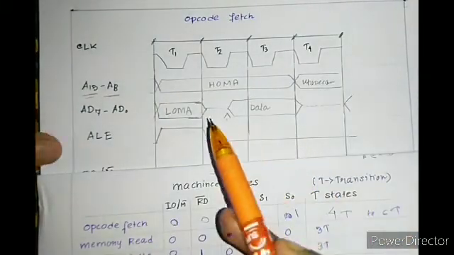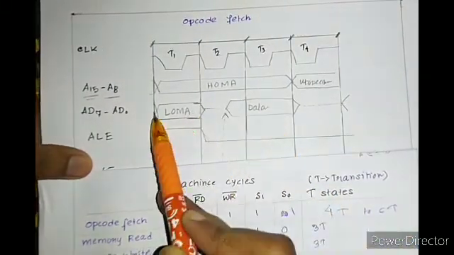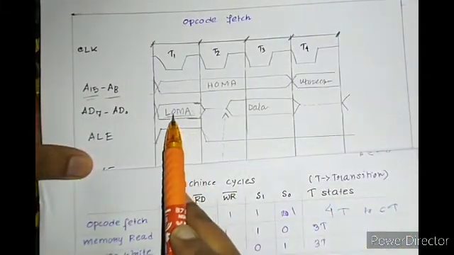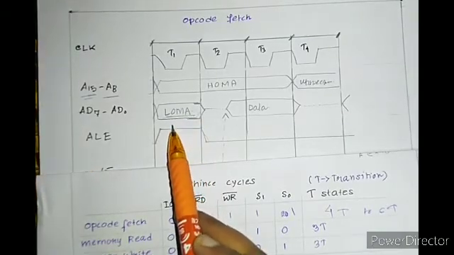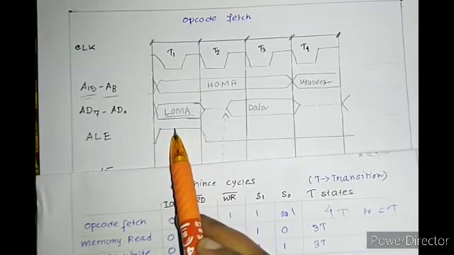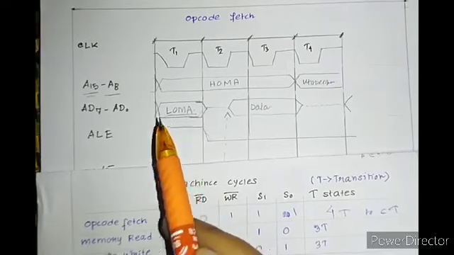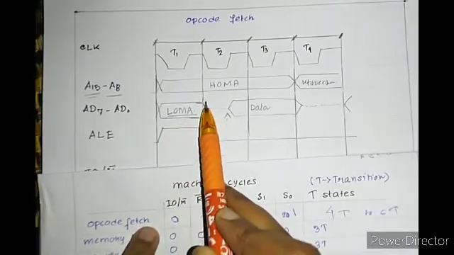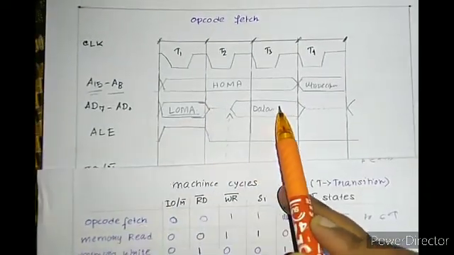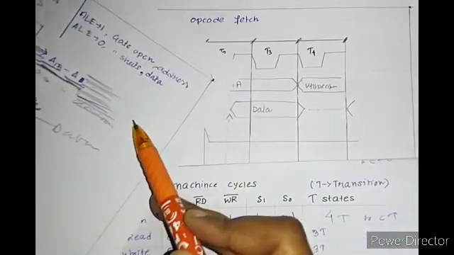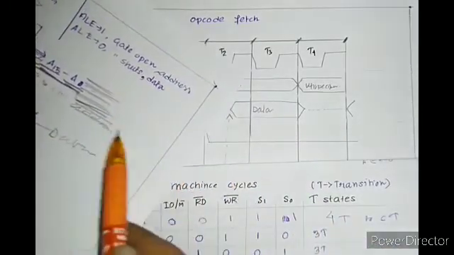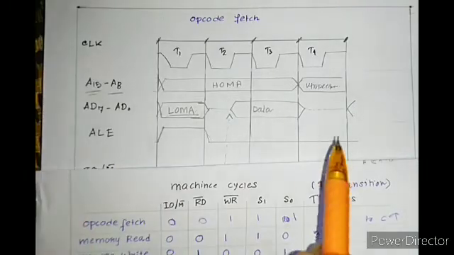So in T1, T2, T3, we are getting the lower order memory address, the LOMA, for the next 3 T states, because we are using a latch that releases these bits for the next 3 T states.